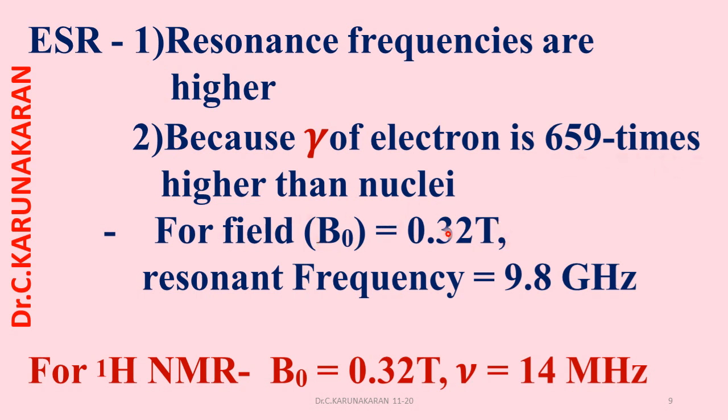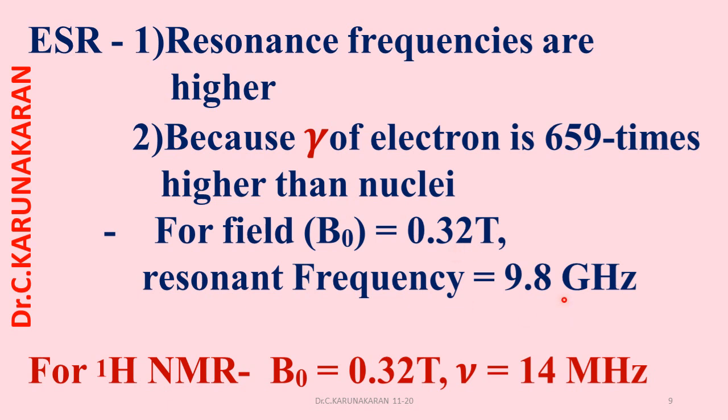For the same field, a free electron placed in a magnetic field B naught of 0.32 Tesla has a resonance frequency of 9.8 gigahertz. Whereas for proton NMR, when the same magnetic field is applied, the resonance frequency is 14 megahertz.